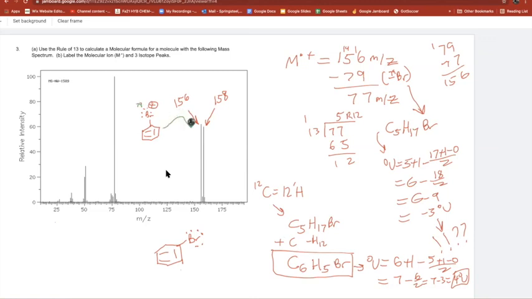That's that one, right? Another one we can label is bromine 79 still, but one of the carbons, say that one's a carbon 13. That would be this guy, huh? An isotope peak.